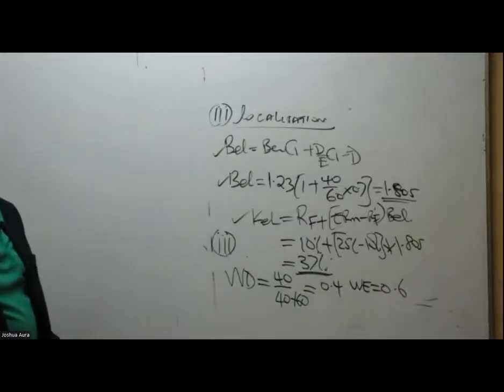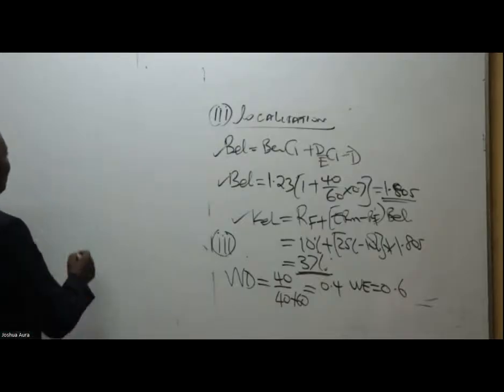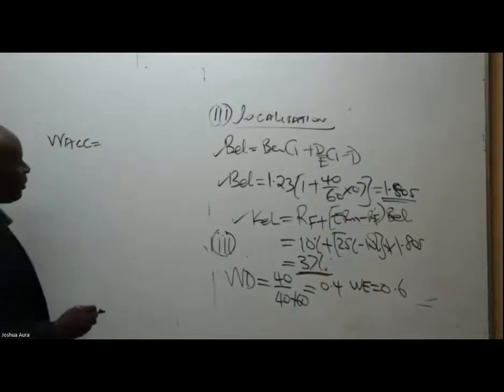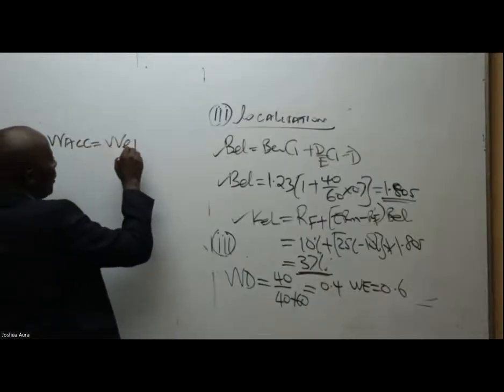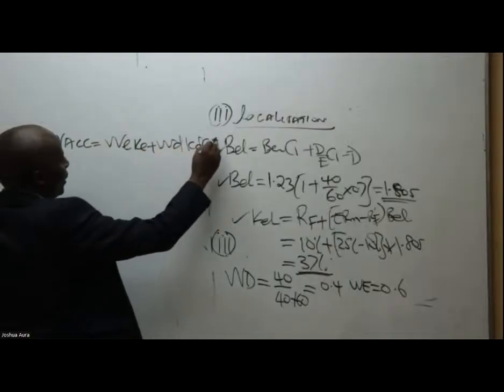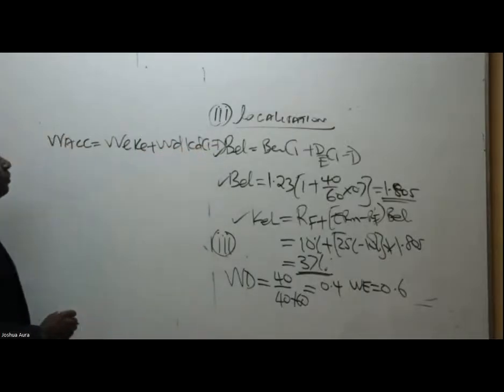All right. So after that, ladies and gentlemen, please go ahead and give us WACC. WACC will be weight of equity times cost of equity plus weight of debt times cost of debt into 1 minus taxation.